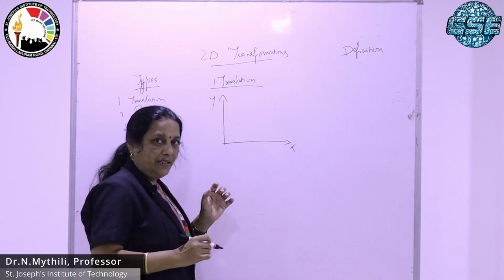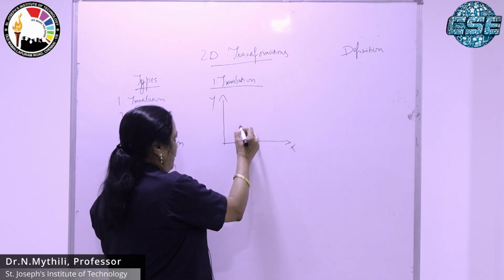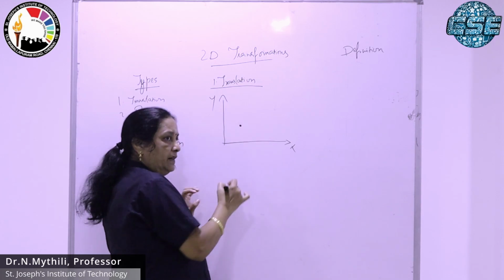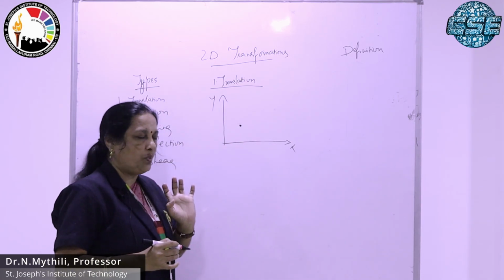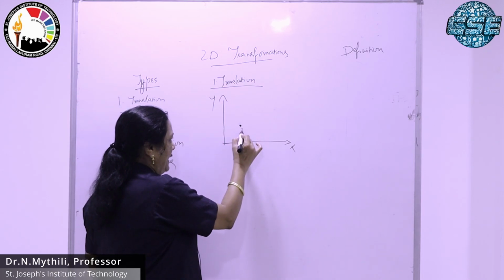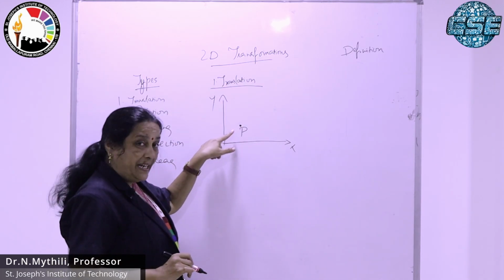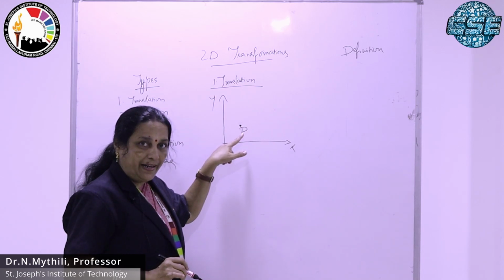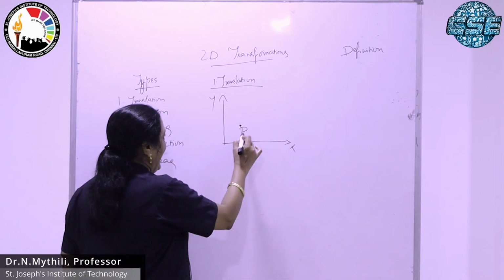Now here the object I have taken is a point, right? So the point is nothing but a pixel. Pixel is picture element. Let us name this point as P. Now the spatial location, the coordinate position of this pixel P, is x comma y.